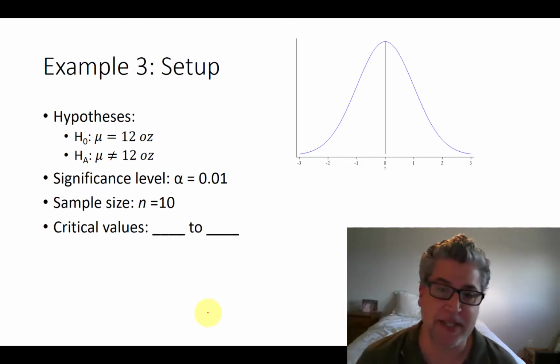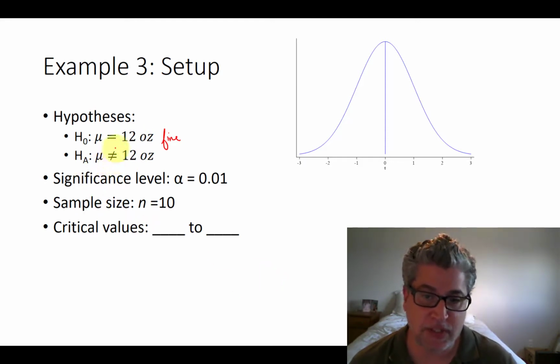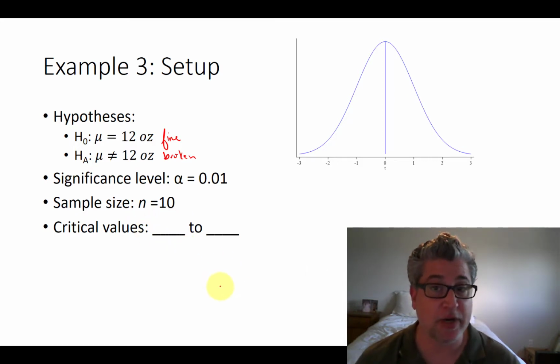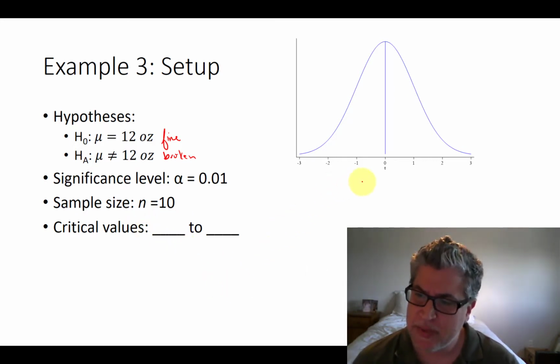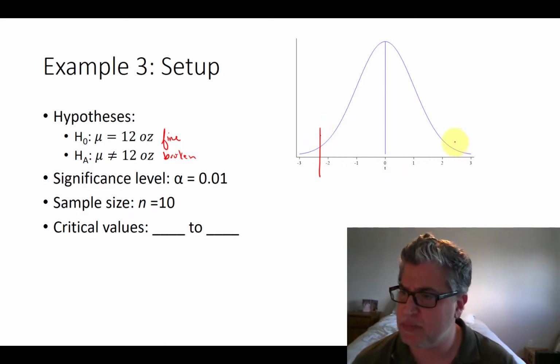The process is the same. We need to write down our hypotheses. So our null is that everything is working fine and that we are really filling at 12 ounces. And the alternative is that we're not, so it's the logical complement, that our machine is broken. We're testing at the 1% level. And now we need to figure out our critical values. So there's going to be some value of t, I'm not sure exactly what, but it probably is somewhere around here.